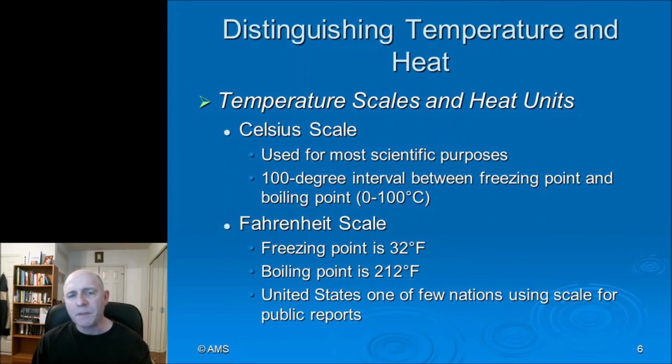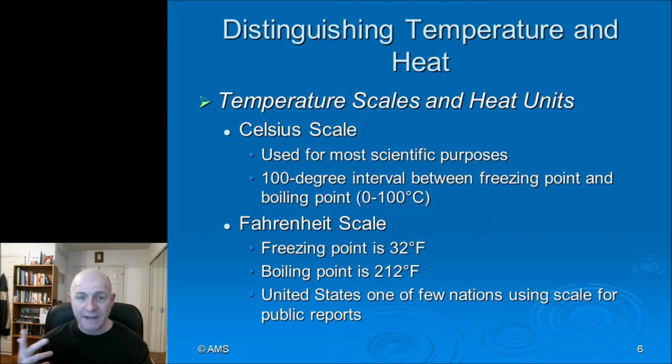Just to revisit some of the temperature scales, the Celsius scale is by and large used in scientific studies and scientific literature. You're not going to hear Fahrenheit very much. In the classical Celsius scale, 0 degrees C is the freezing of water and 100 degrees C is the boiling of water, and technically that's at sea level.